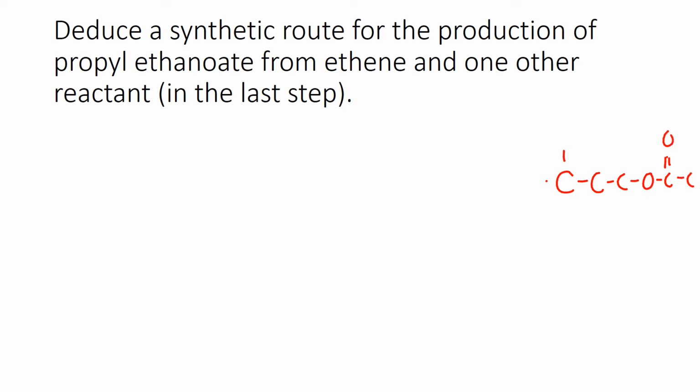Right away I would say, I know an ester forms from a condensation reaction. I'm starting with ethene, so that must lead to the ethanoate part. So in my last step, I must be reacting ethanoic acid with propan-1-ol.